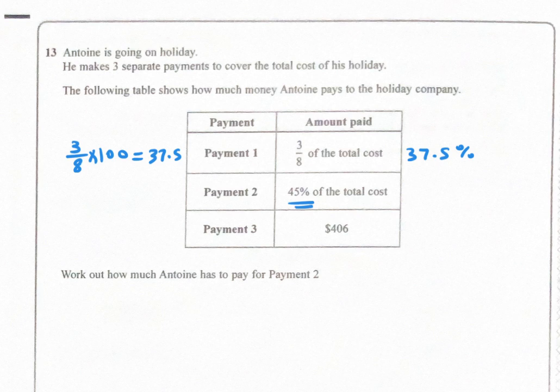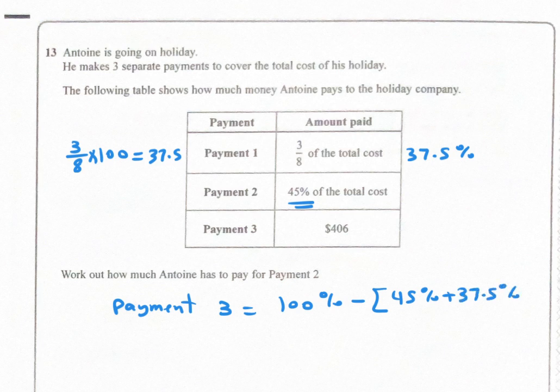So payment 3 equals 100% minus 45% plus 37.5% equals 17.5%. When you subtract, forget the percent, just subtract 100 minus 45 minus 37.5, you get 17.5.